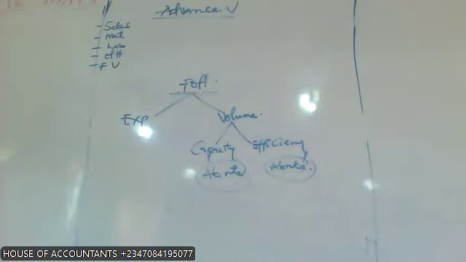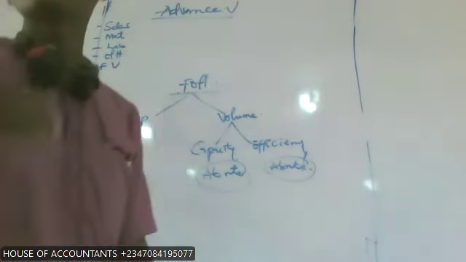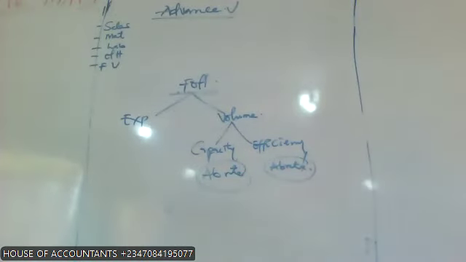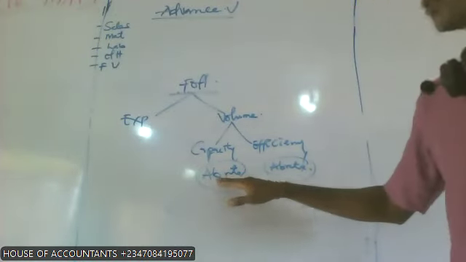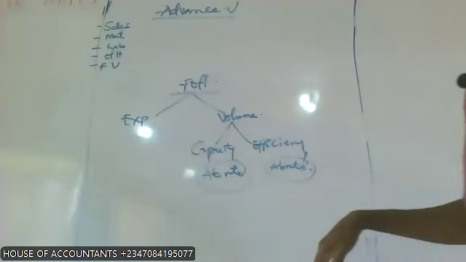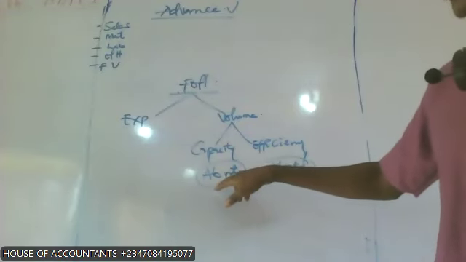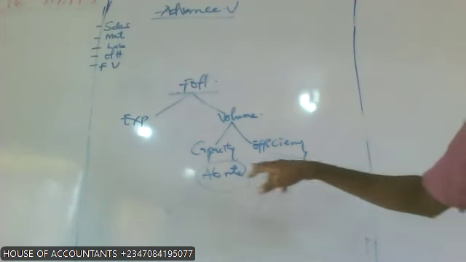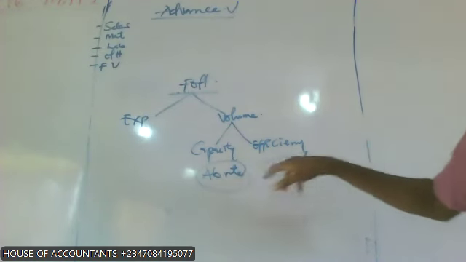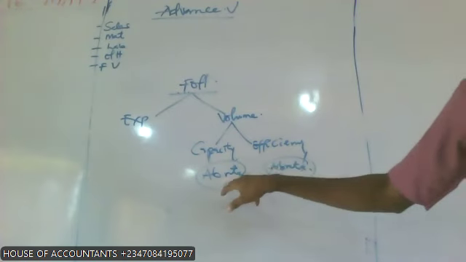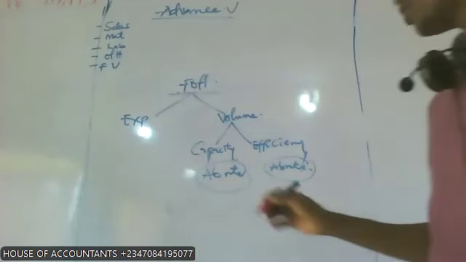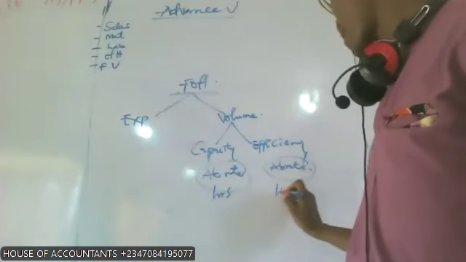If absorption rate is not given, you will need to calculate absorption rate yourself. To calculate it, it will be based on actual production, and the two will be based on hours.